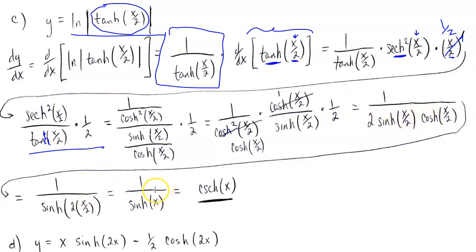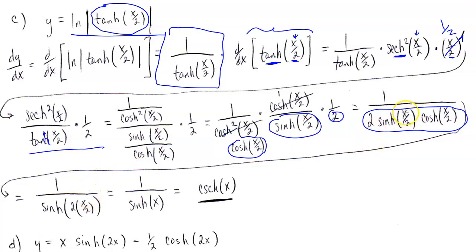Eventually what I get to is cosh of x divided by 2 times sinh of x divided by 2 times 2 in the denominator and 1 in the numerator. We know this is an identity, very similar to the identity for sine of 2x, but since we're dealing with hyperbolic functions, it's sine hyperbolic of 2x.